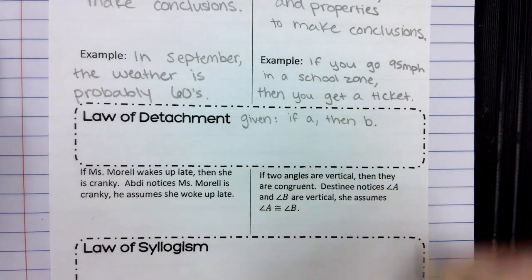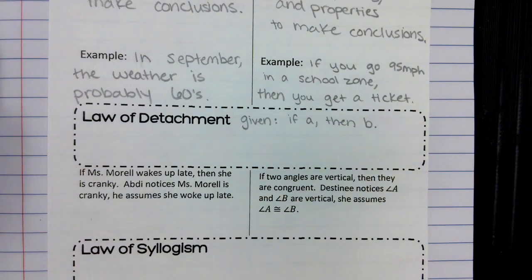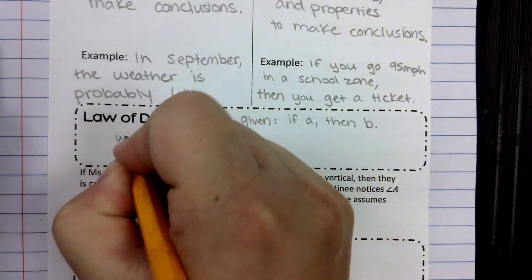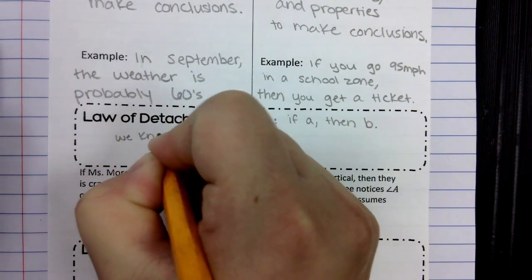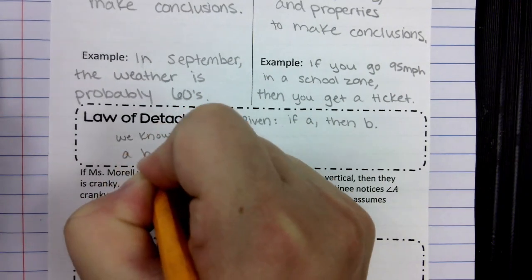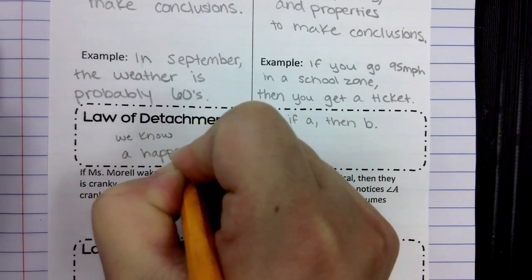Alright. If A, then B. And then we know that A happened. Okay, so for example, if I say, if everyone shows up to geometry on time, I'll give you all a Jolly Rancher.